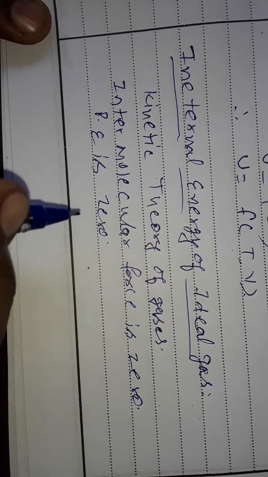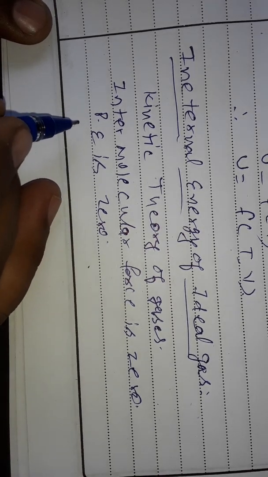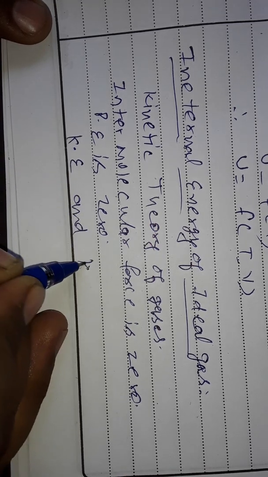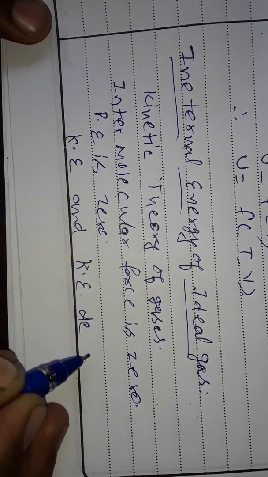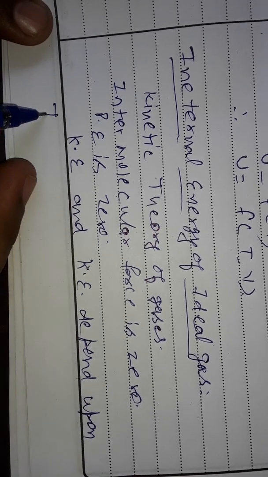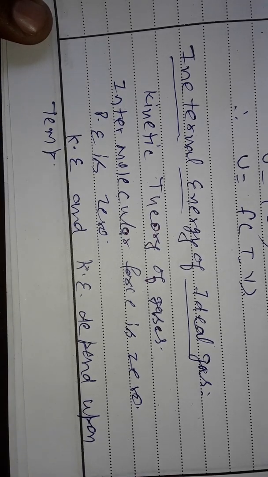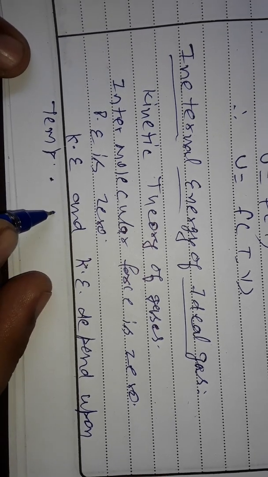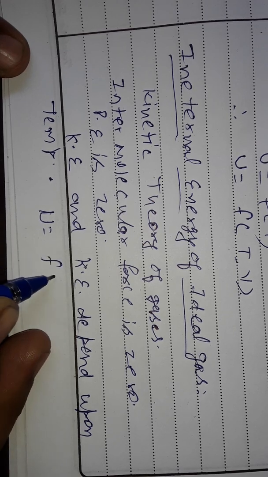Now we can say that the molecules only have kinetic energy, and kinetic energy depends upon temperature. So internal energy is a function of temperature only. So we can say U is f of T.